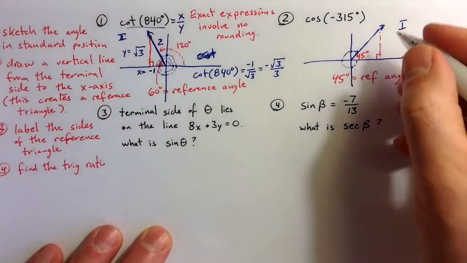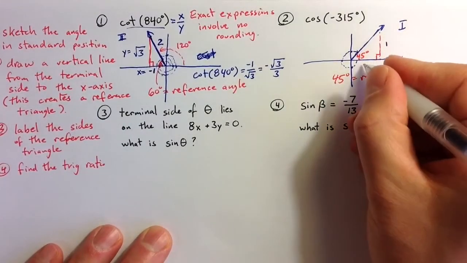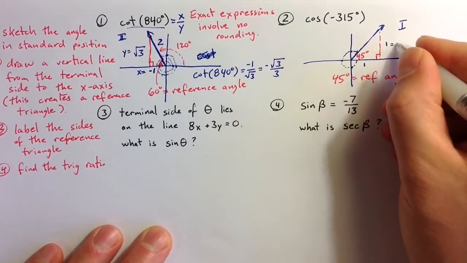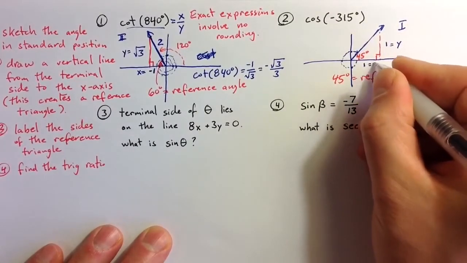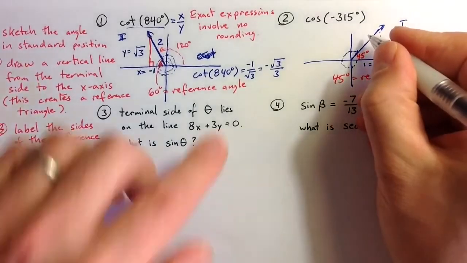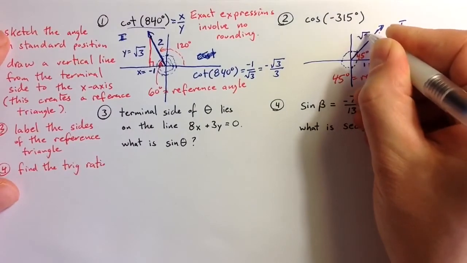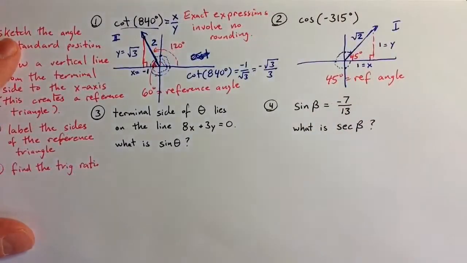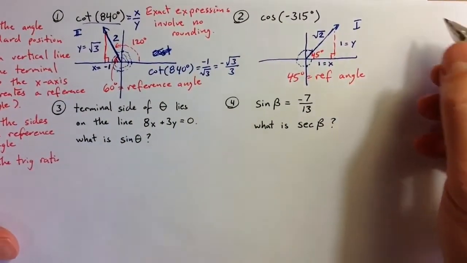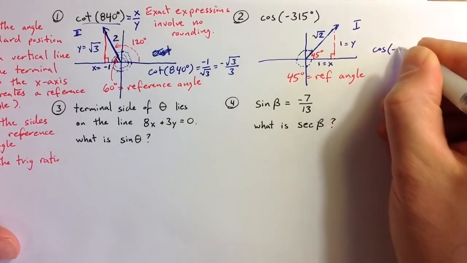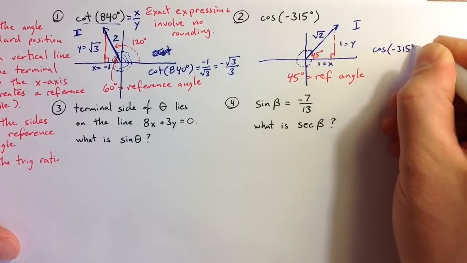So if I label the side lengths, I know that the x and y values have to be the same, and because we're in the first quadrant, those are both going to be positive. The value for r, which is always positive, is going to be the square root of 2. And so we end up with a cosine value for -315.